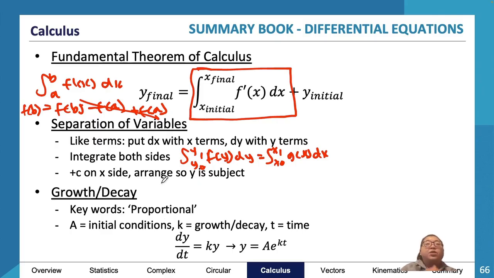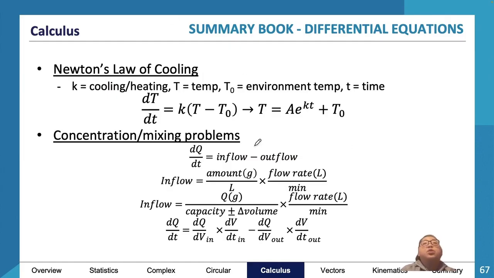Okay, so in terms of growth and decay questions, they'll always use the word proportional, and just remember A is going to be your initial conditions. Your k, or your variable, will depend on whether it's growth or decay, and t will be time. Your Newton's law of cooling is the value you get when you antiderive it. In terms of concentration and mixing problems, you get dQ/dt equals the concentration in times the volume going in, minus the concentration going out times the volume going out.